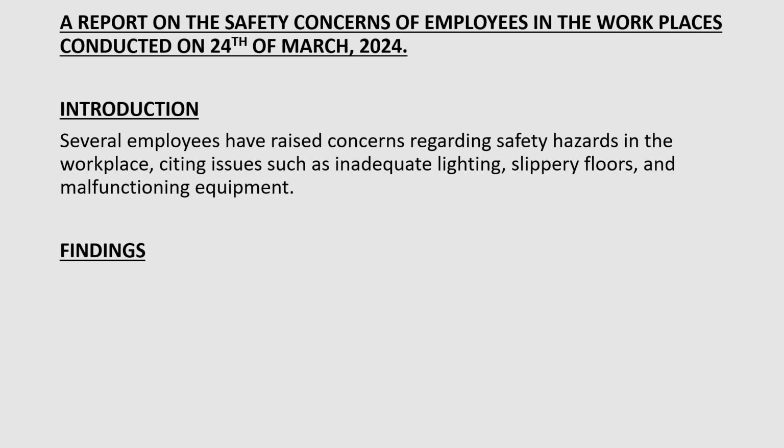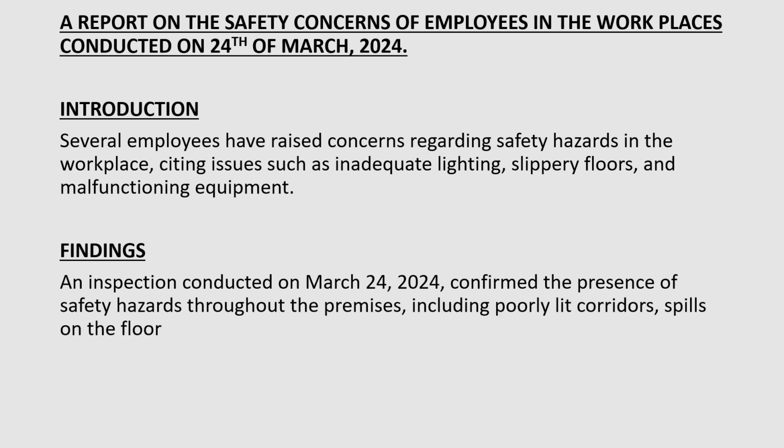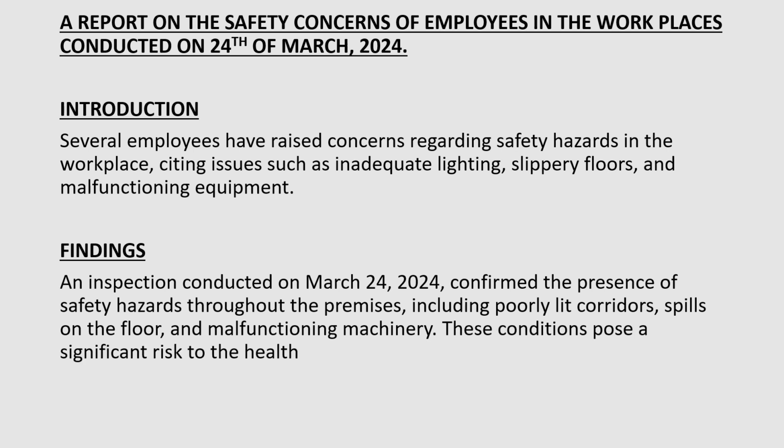So these are the findings. So the subheading is findings. What was discovered? An inspection conducted on March 24, 2024 confirmed the presence of safety hazards throughout the premises, including poorly lit corridors, spills on the floor, and malfunctioning machinery. These conditions pose a significant risk to the health and well-being of employees.